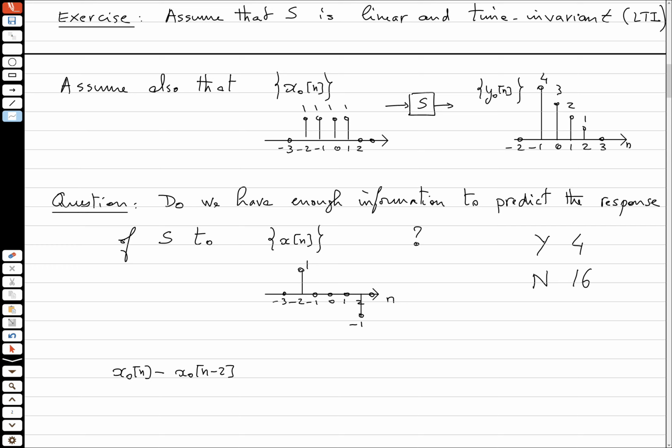Okay, I'm going to modify. Subtract what and what? I'm not hearing you, sorry.